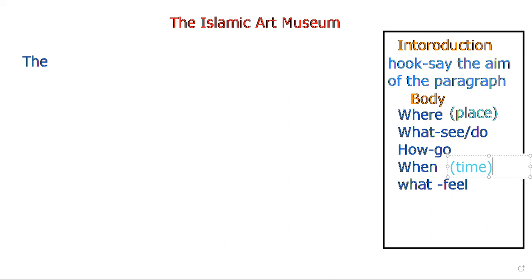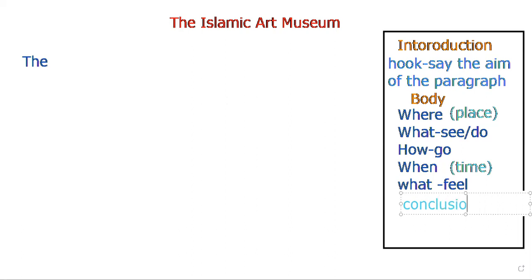And then what can you feel when you see things there? It makes you feel happy, proud, excited, or bored. It's okay, it's your opinion. And then after that, we will say the conclusion. What's the meaning of conclusion?